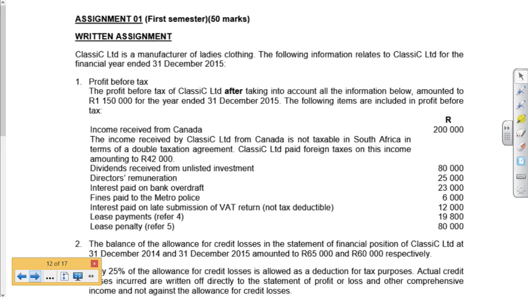Okay, have a look on page 52. On page 52 is a note for income tax.